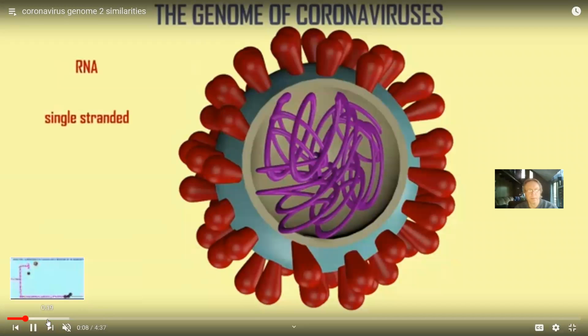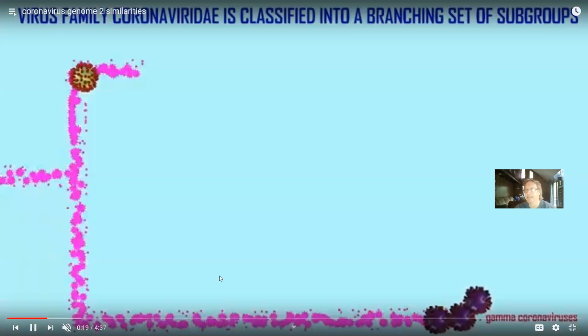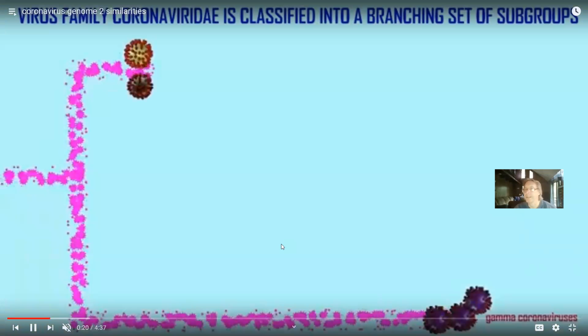Viruses often have, quote, a life cycle, if you will. So we can just get to this part. So here you can see that just as animals evolve and form new species, so too do viruses.